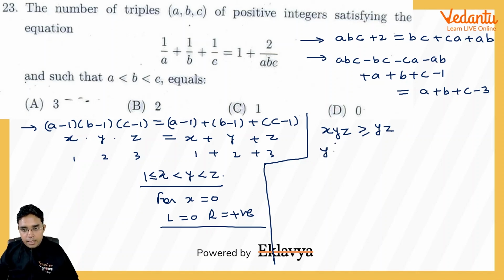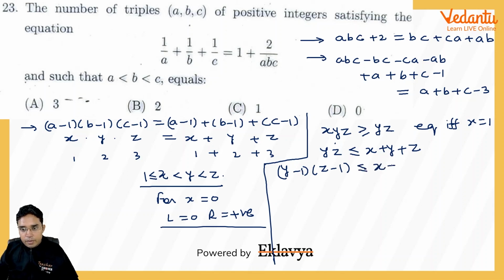So I can say that yz will be less than or equal to x plus y plus z. Here equality will hold only if x is equal to 1. So here I can write this as y minus 1 into z minus 1, and that will be less than or equal to x plus 1 here.